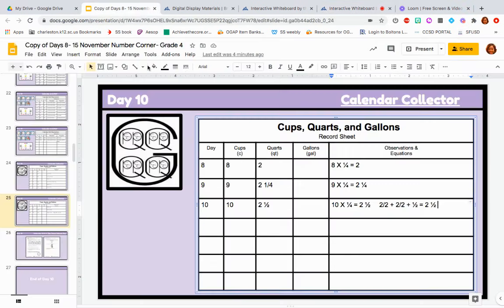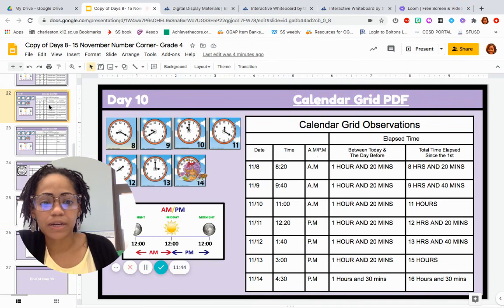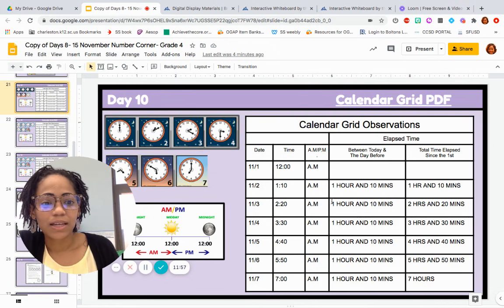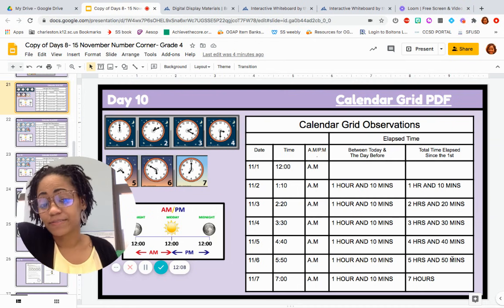Yeah? Well, let's look at some of the patterns that we created here on our collector sheet. What do you notice? Do you notice that some of the days, I should say the first few days, that the total elapsed time matches the time shown on the clock? 1:10, an hour and 10 minutes. 5:50, 5 hours and 50 minutes.